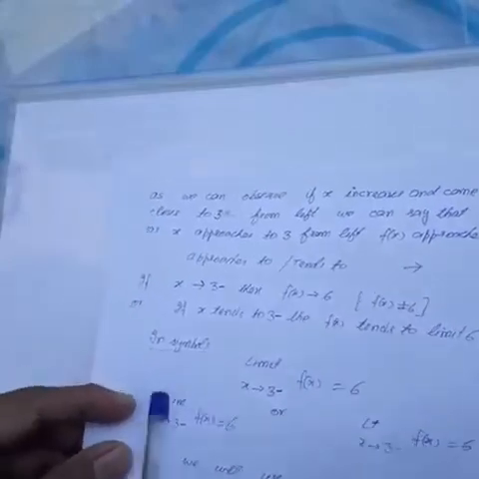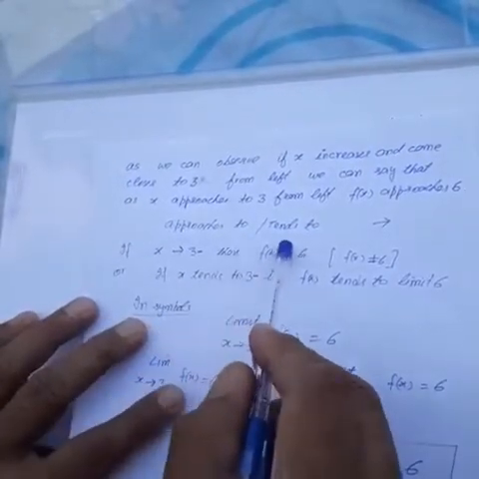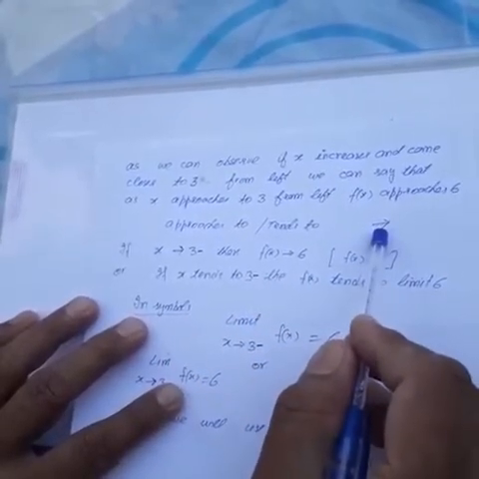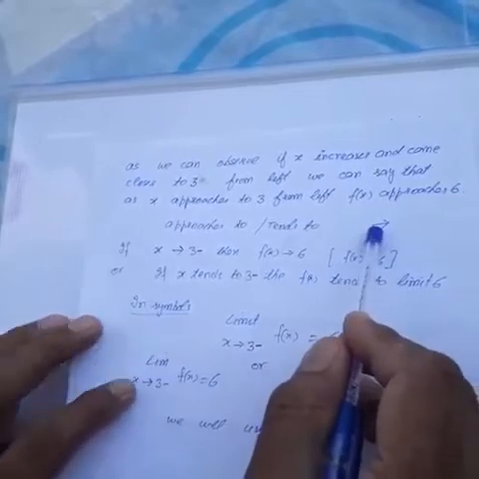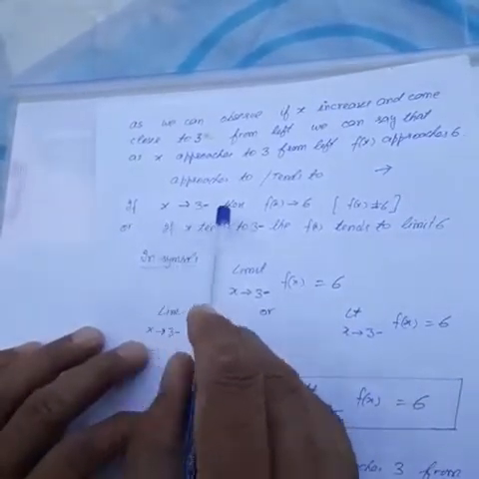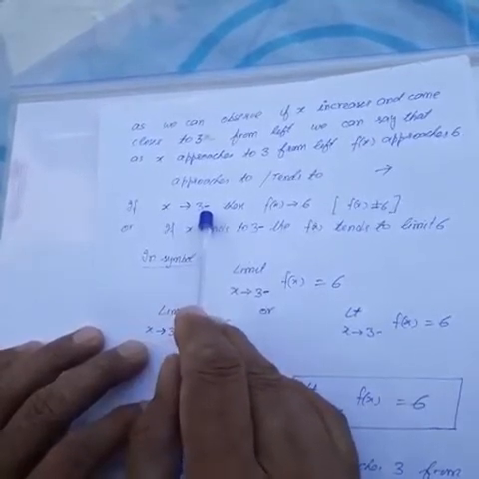Now, I have used the word approaches, or it is also tends to. This arrow is the symbol for tends to. When x is approaching 3 from left, it can be written as x tends to 3 minus.